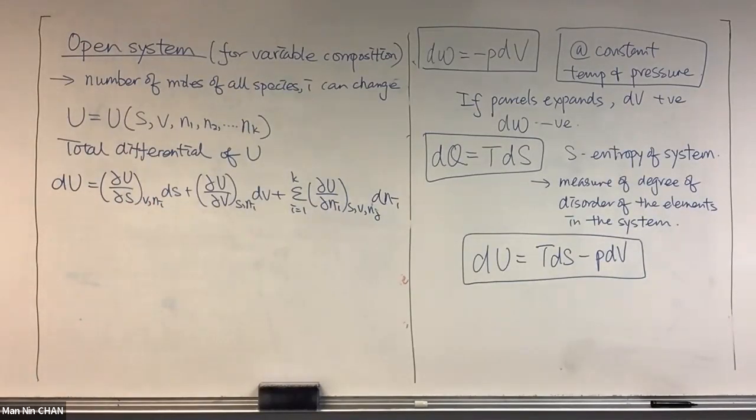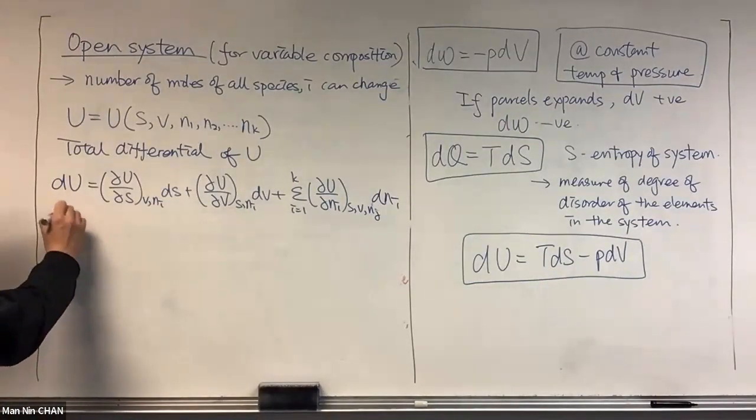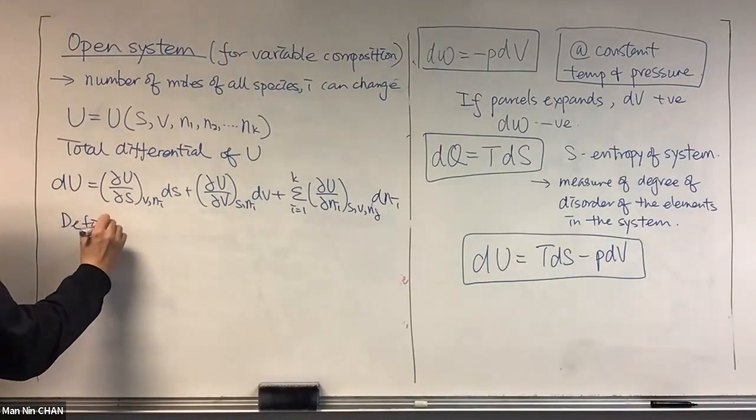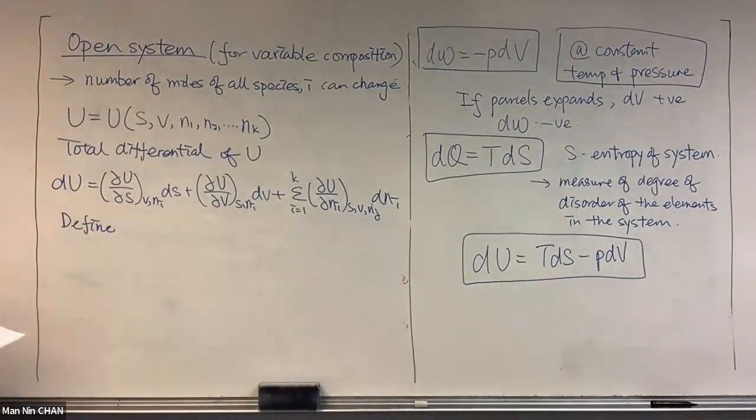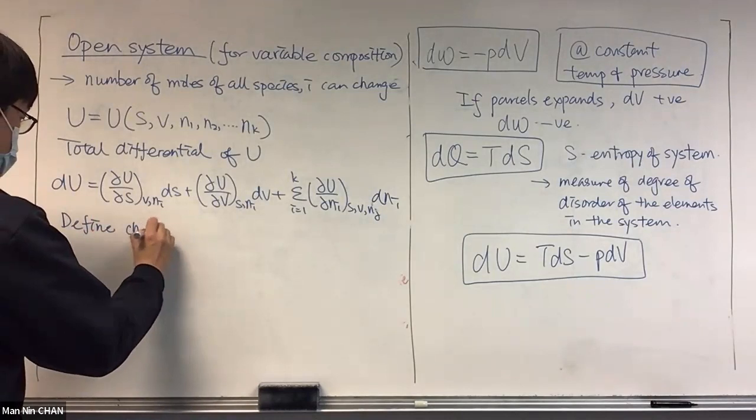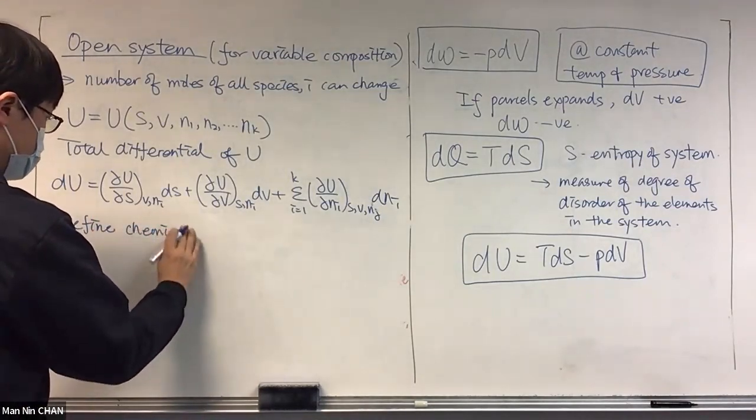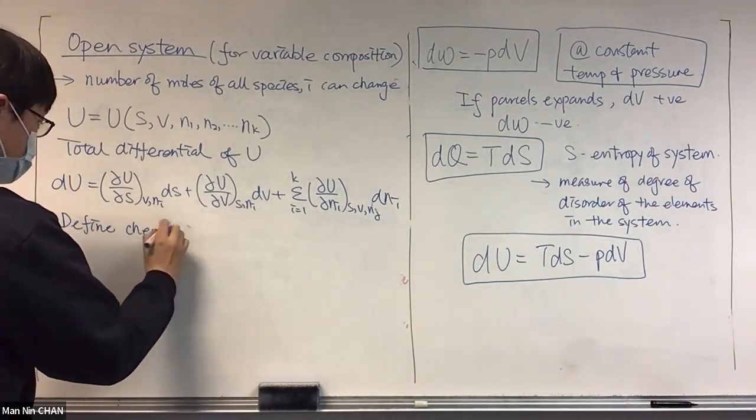Now we want to define a term. We give a definition: we call this term the chemical potential of your species. When you say chemical potential, what does that mean?